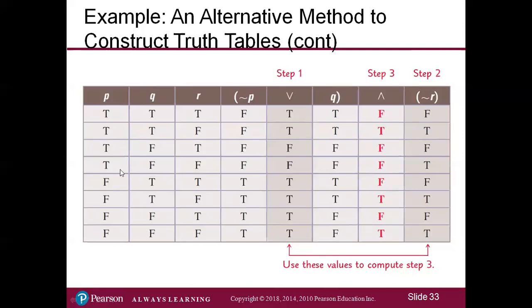For your true block for P, half of the results are T for Q, half of the results are F for Q. And then you break your F block up the same way, giving half trues and half falses to Q. And then you break your Q blocks up. So for your Q block of trues, you have TF for R. Then you have a block of falses that you split in half for R, TF.